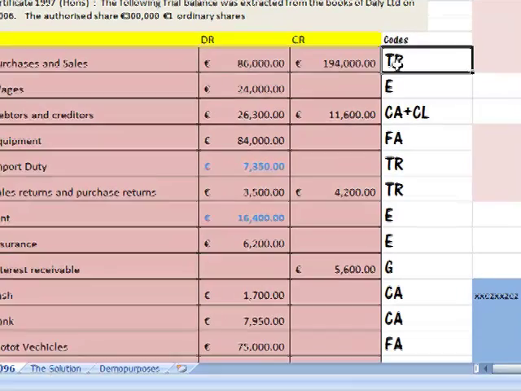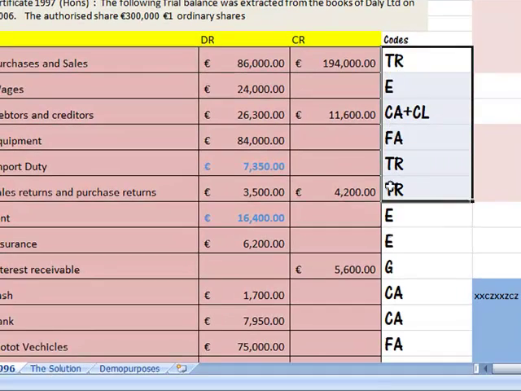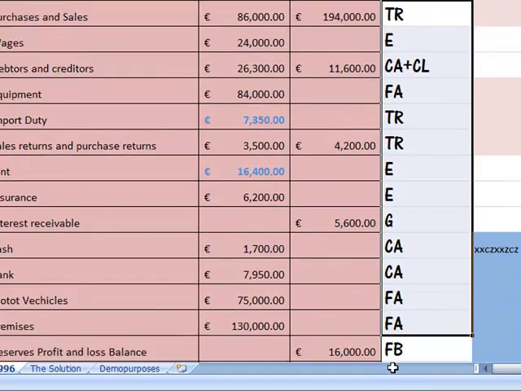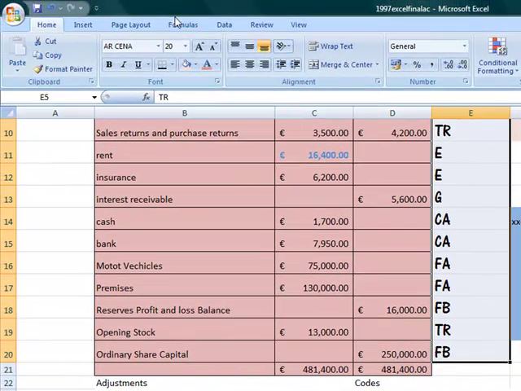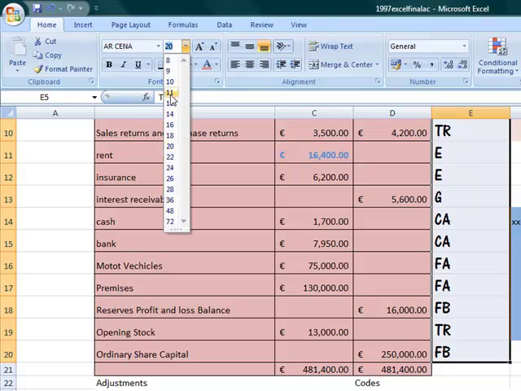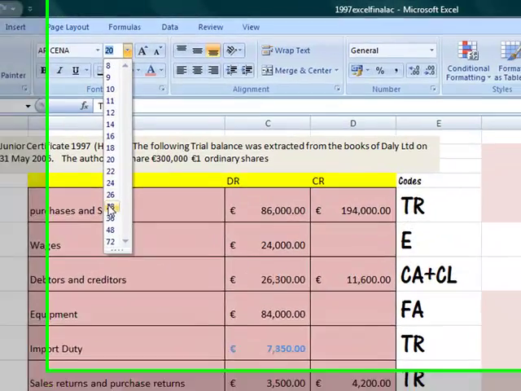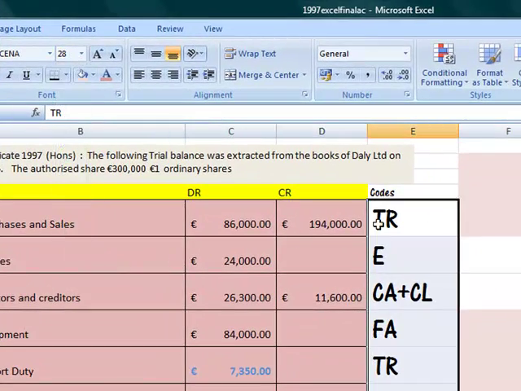Again, very important, boys and girls, that you know where things are put. So in this column I have identified, let me bring your attention to it for a second, every figure goes someplace. For example, purchases and sales are recorded in the trading account.